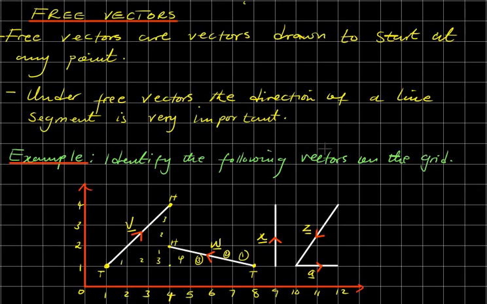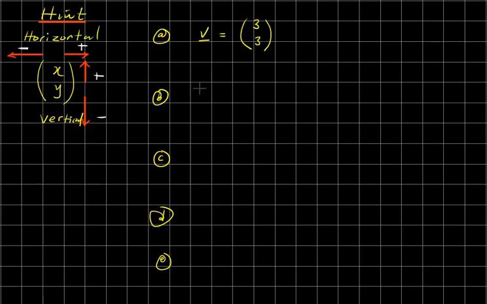So how can we represent this vector? Vector W is simply going to be: we moved 4 units to the left, so we have -4, then we counted 1 box up, so here we have 1, so that will be the column vector W.